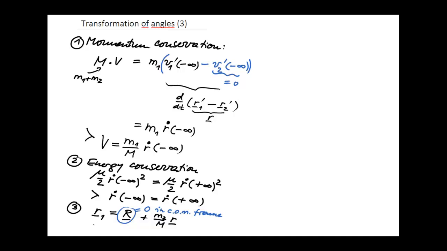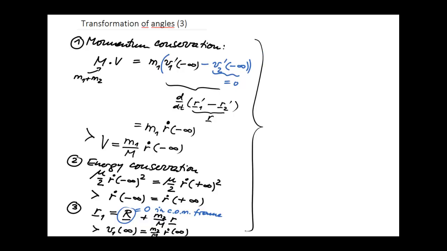We can take the derivative of that equation with respect to time, and then we get r1 dot, which is v1, and the absolute value of that at time infinity. This is equal to m2 over total mass times change of distance r dot again at infinity.